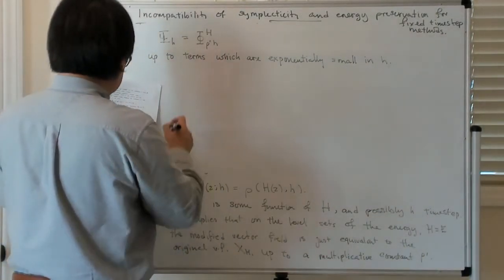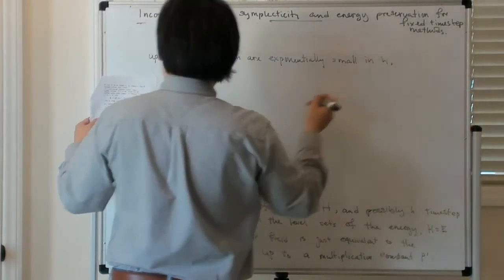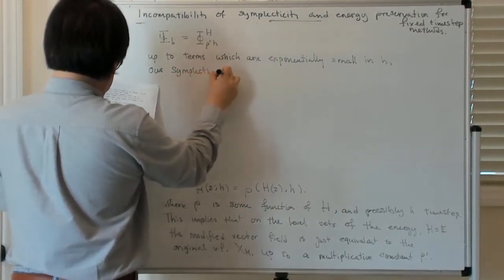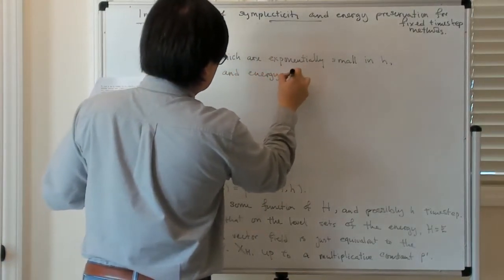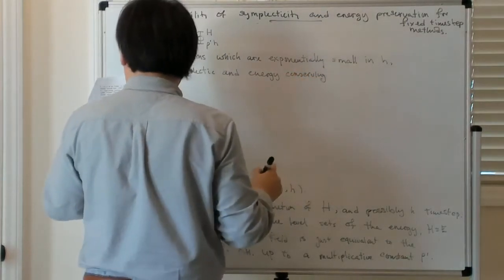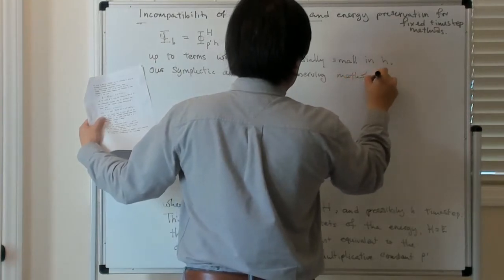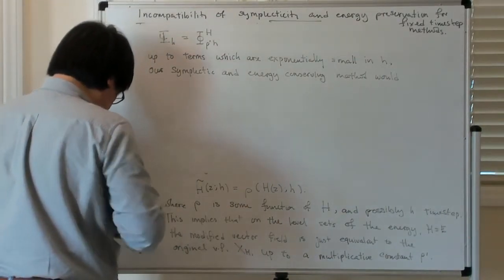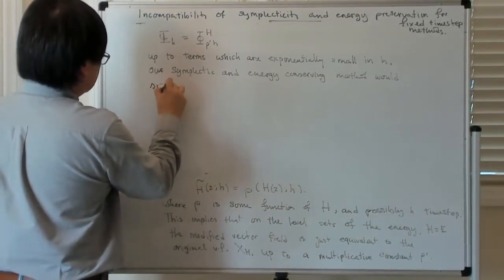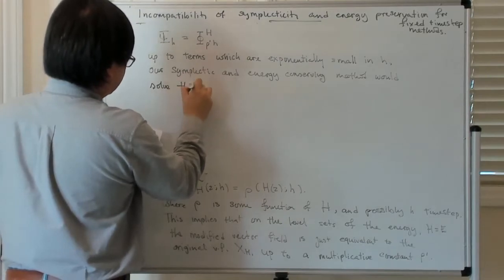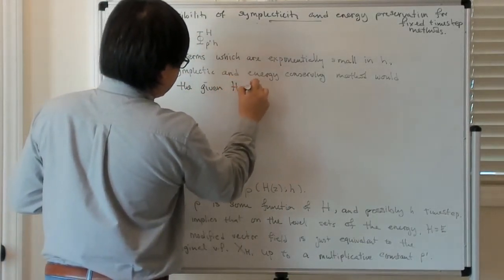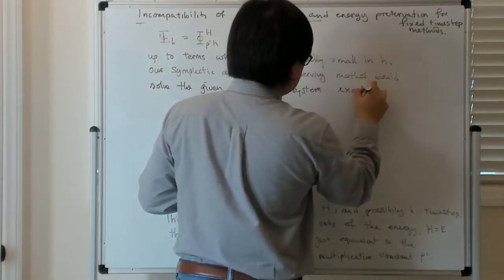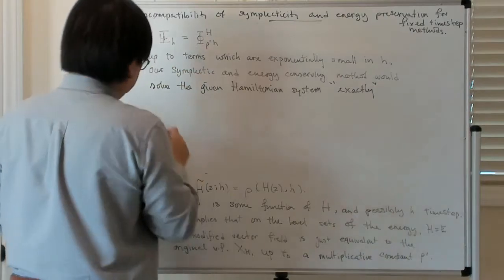So basically what that means is that up to terms which are exponentially small in h, our symplectic and energy conserving method would basically be solving the exact solution of the given Hamiltonian system exactly, okay, up to a rescaling of time.